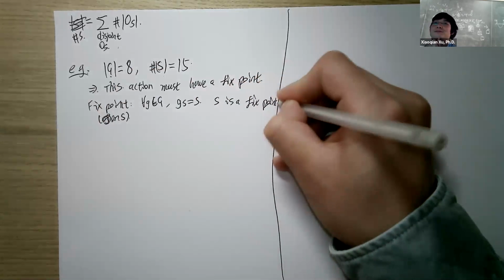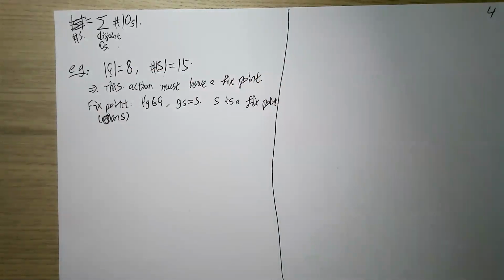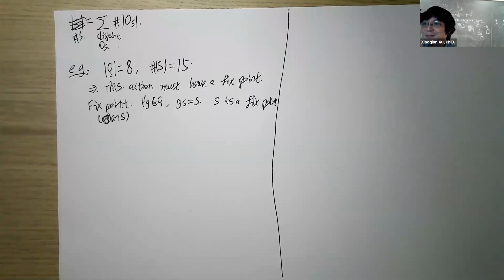Why is that? This is because the size of every orbit must be a divisor of 8. It should be either 8, 4, 2, or 1. And the number of elements in S is 15. So there must be an odd one, that is, an orbit of size 1, at least. And 1 means the fixed point.